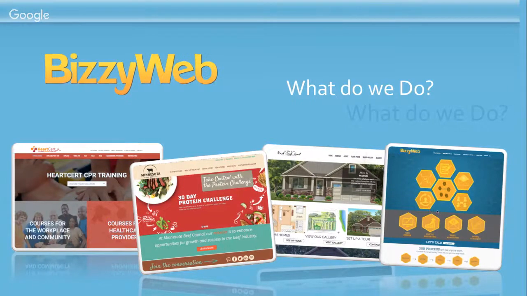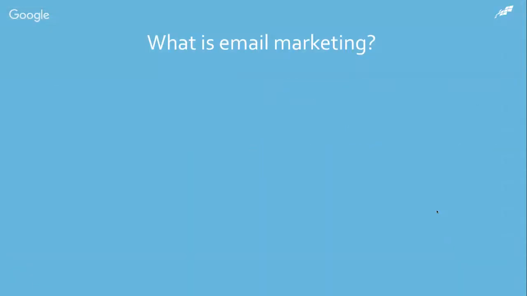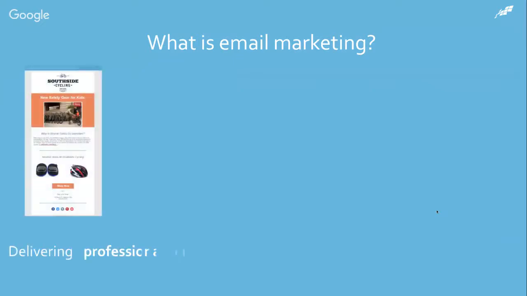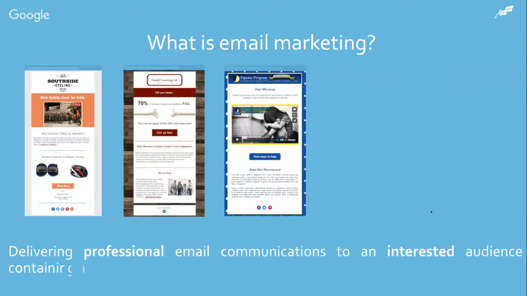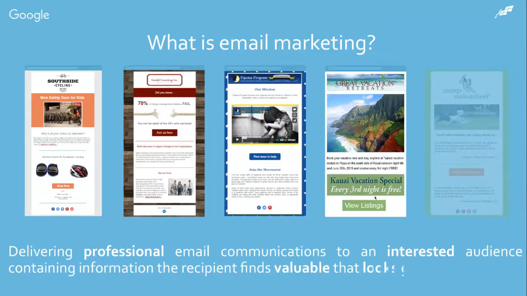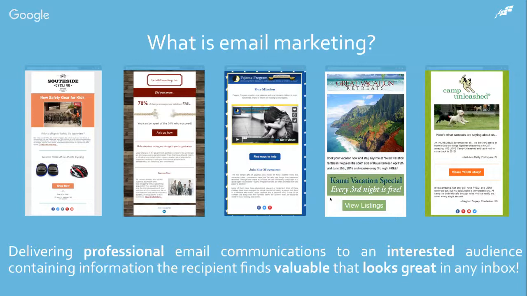All right, so first, when we're talking about email marketing, it's important to have our definitions straight. So what is email marketing? Well, it's delivering professional email communications to an interested audience containing information the recipient finds valuable that looks great in any inbox. Now, there's a few areas of distinction inside of here that you may notice are different from the infamous spam.